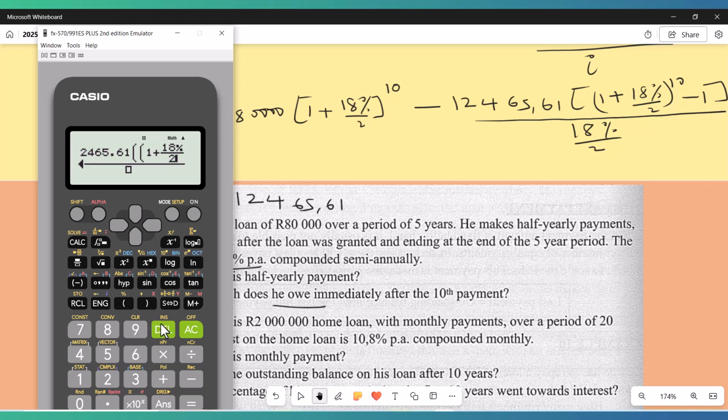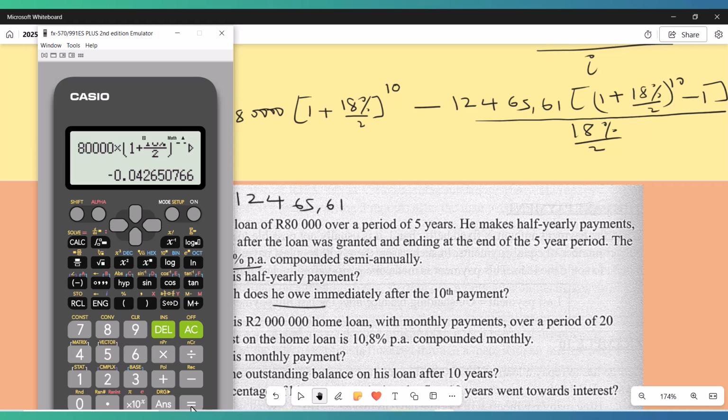Then to the power still 10, then minus 1. Then divided by 18%, that's a fraction also, 18% divided by 2, because we are compounding semi-annually.